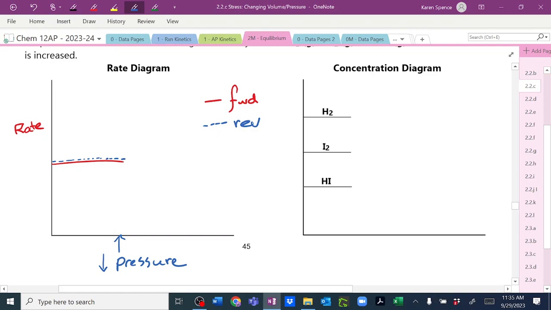What should happen to both of those lines? They're going to go down. So here goes the red line, the forward reaction. How far down will the reverse reaction go? Same. And then what will happen? They just go straight.